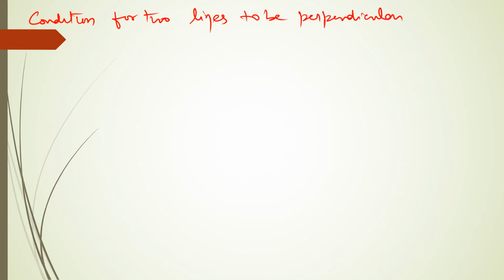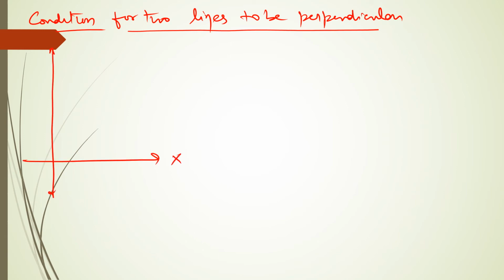Now let us come to another topic, which is the condition for two lines to be perpendicular. Here we will find the condition for two lines to be perpendicular in terms of slopes. We consider coordinate axes x and y.